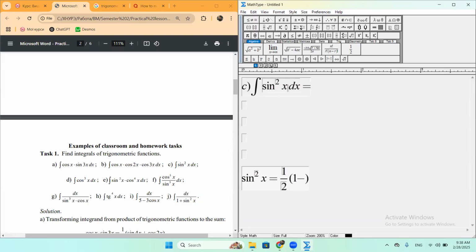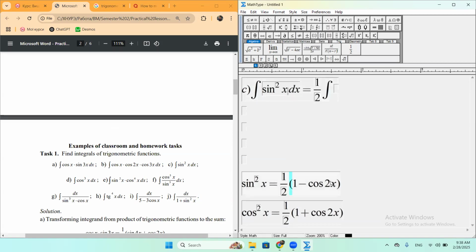So the following: sine square x equals 1 minus cosine of 2x, over 2. And for cosine square, I believe we will need it as well. So I will write it: 1 plus cosine of 2x, over 2. So I will rewrite this integral into the following form. So I will use this expression.